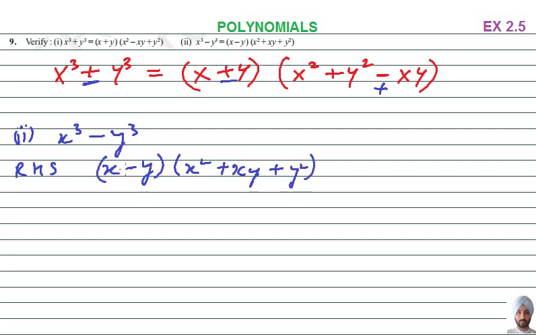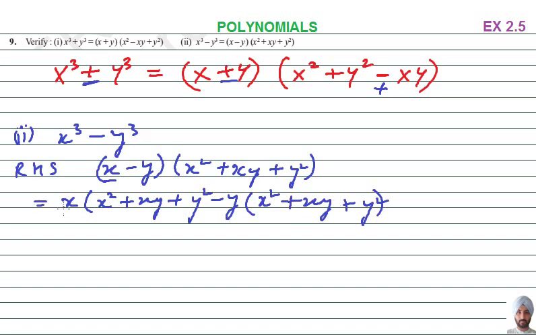So we know that x will first get multiplied with this whole bracket. This is how multiplication in brackets works. So x square plus xy plus y square, then minus y, parenthesis start, x square plus xy plus y square.